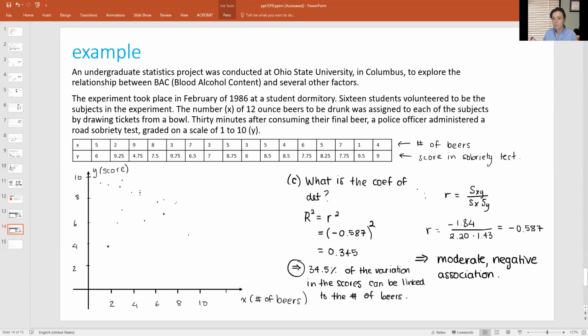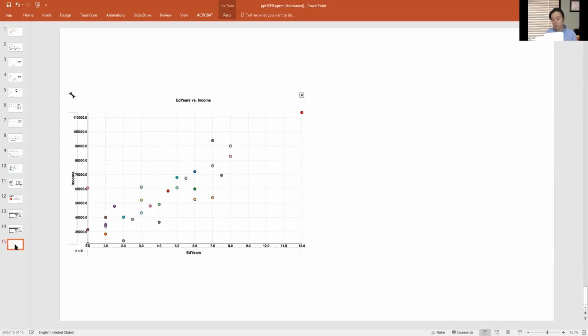Is it possible for me to determine what the link between the two variables is going to be? Another way of saying that is, if I have the values of X, can I more or less predict what the value of Y is going to be? If I knew how many beers somebody had drunk, can I make an informed guess about what the score is going to be on the sobriety test? That's the next thing that we're going to do here.